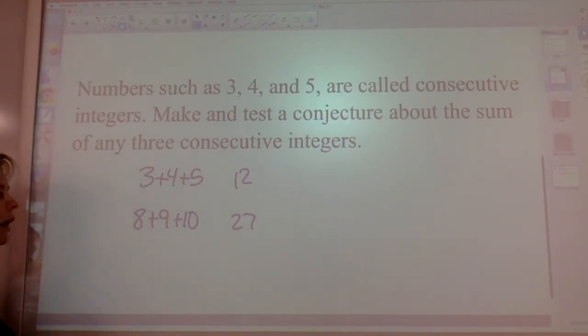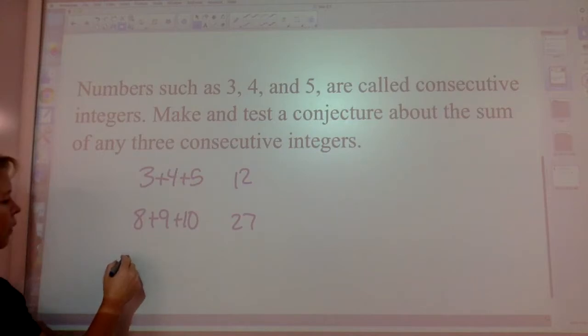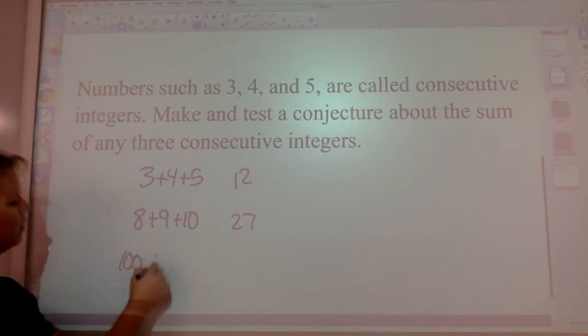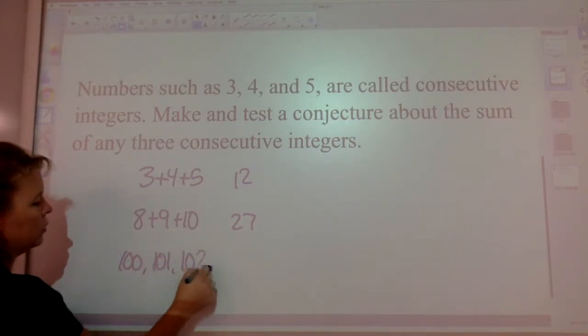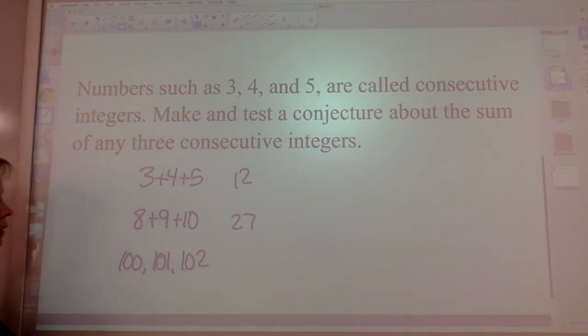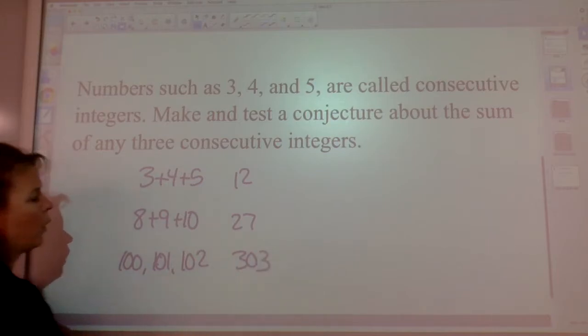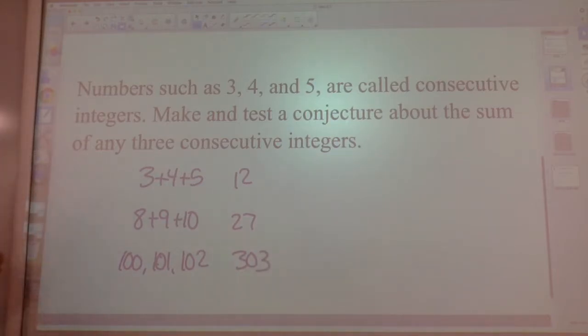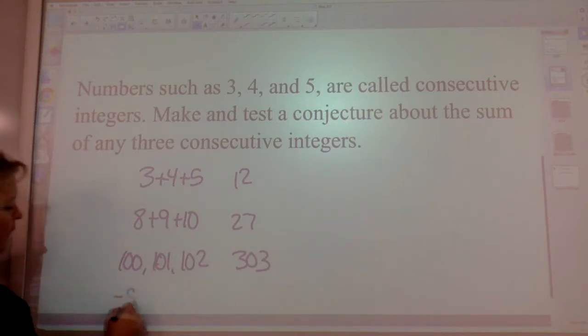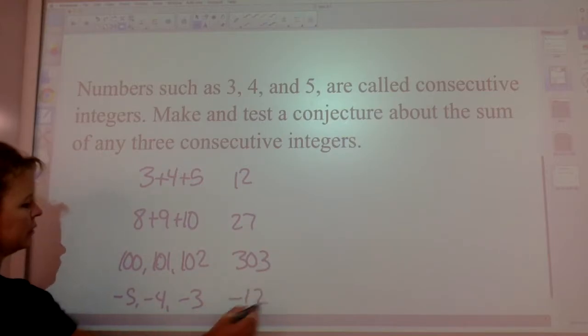Let's try bigger numbers. 100, 101, 102. We add them all up and we end up with 303. We could try negatives. They have to be integers, so they have to be whole numbers. What if we did -5, -4, -3? That adds up to -12.